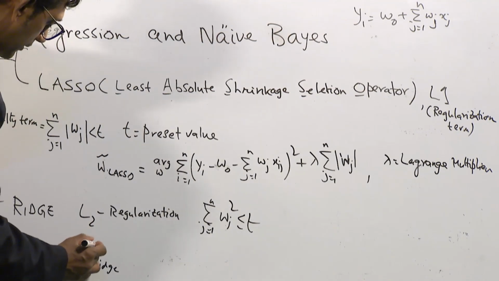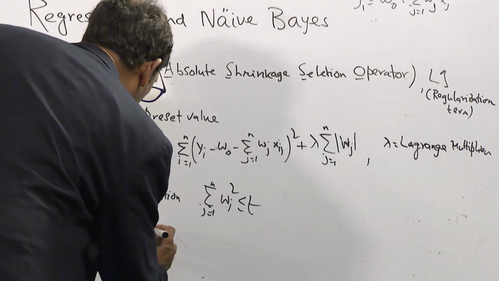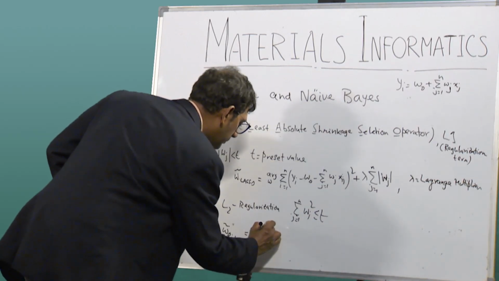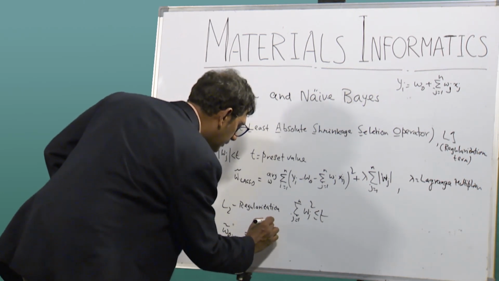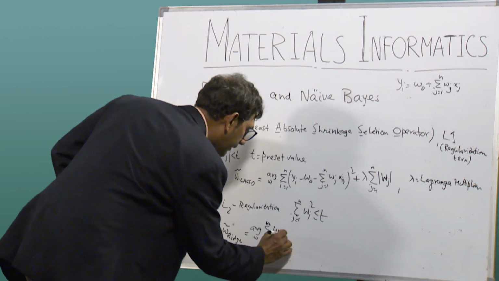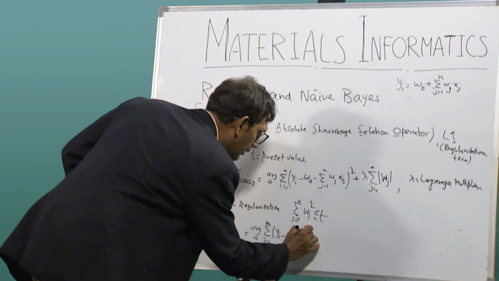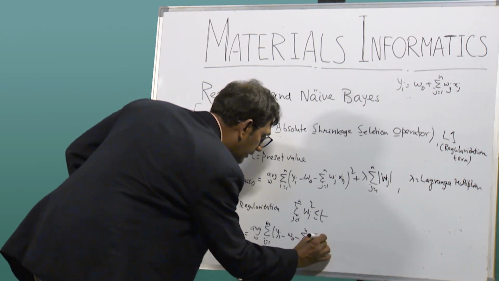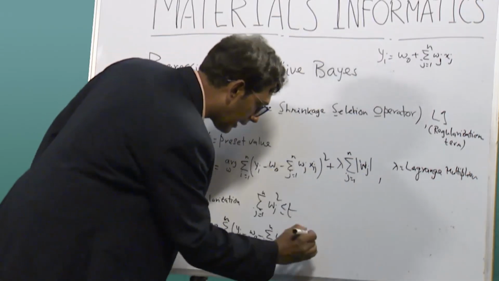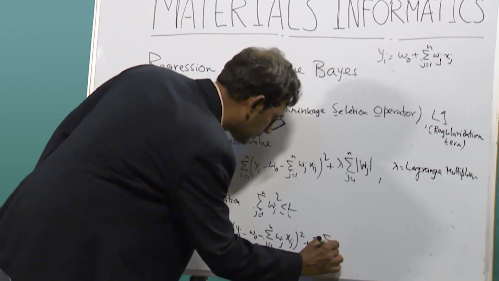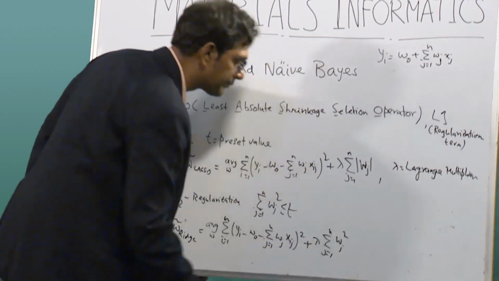That is equal to, again the same thing, argmin over w, sum over i from 1 to n, yi minus w0 minus the sum over j from 1 to n of wj xij, whole square, plus lambda times the sum over j from 1 to n of wj square.